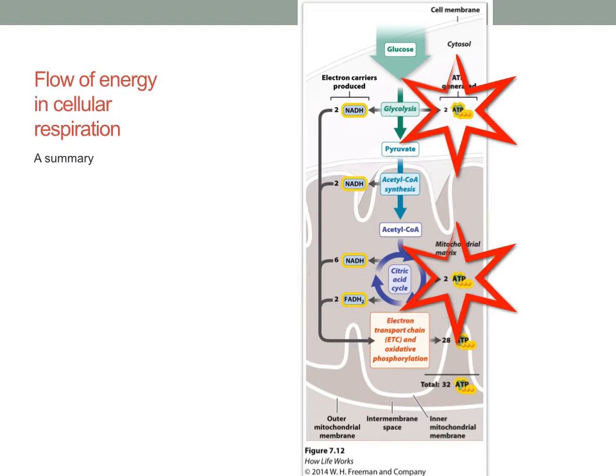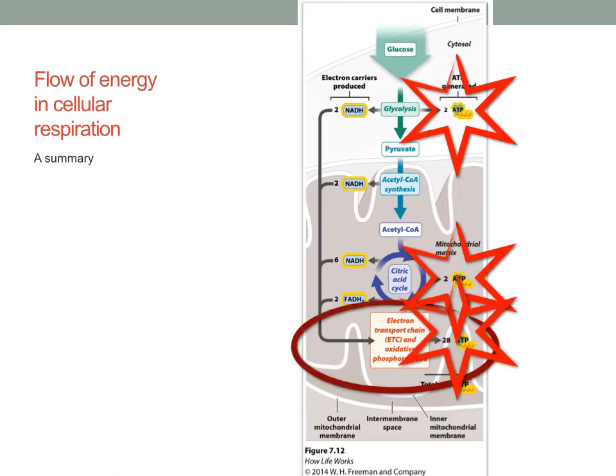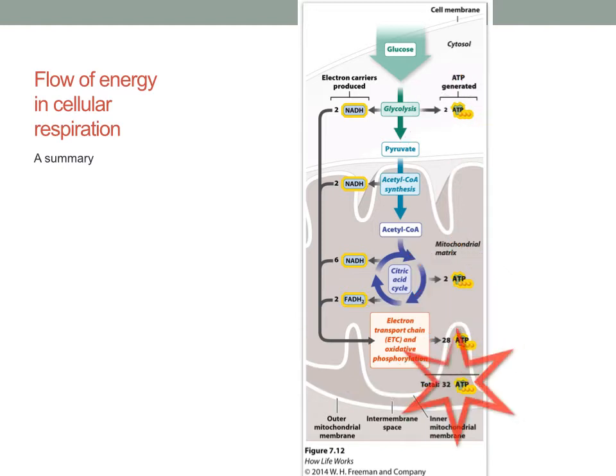And finally, the electron transport chain will give rise to the remaining 28 ATP molecules, for a total of 32 ATP, which is a pretty good yield for a single molecule of glucose. This is if the glucose molecule is totally oxidized, which means totally broken down into CO2 and H2O molecules.